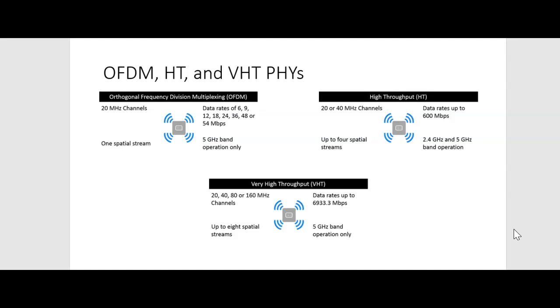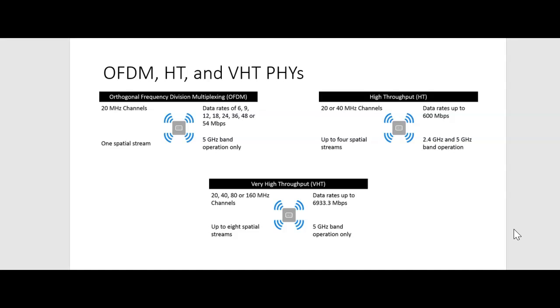Now, the OFDM signal here, it's the first to support 5 gigahertz. It was available in 802.11a back in 1999.